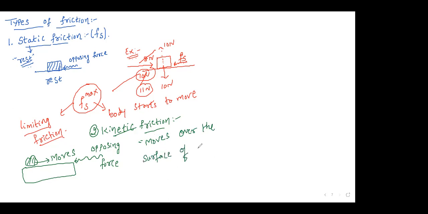When one body moves over the surface of the other body, that is called the kinetic friction. That is denoted by the symbol Fk. So what is kinetic friction? It is the opposing force between the two surfaces when one body moves over the surface of the other body.